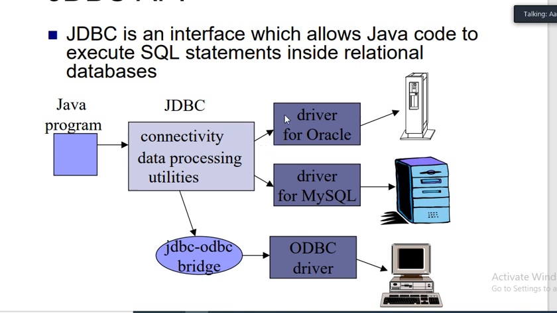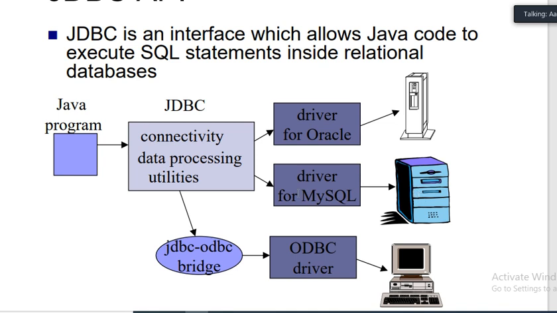These drivers are APIs used to connect to a particular server. If we use an Oracle driver, we connect to an Oracle server. If we use a MySQL driver, we connect to a MySQL server.